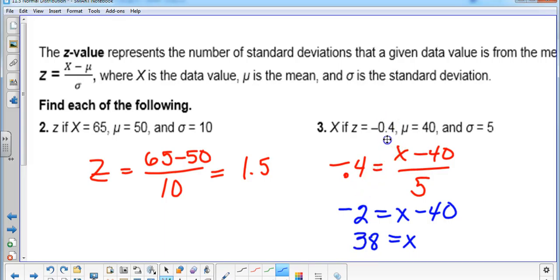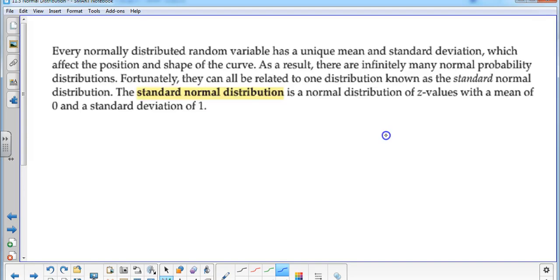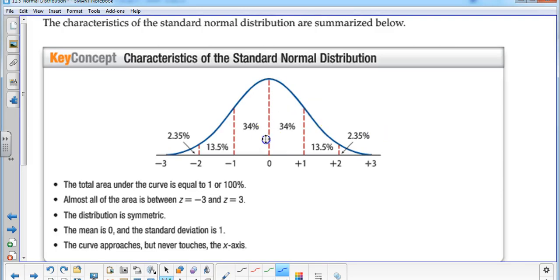Now, notice the z was negative, okay? We didn't talk a lot about that. If you look at this, this shows exactly the same numbers we just used, right? 34, 13.5, okay? But instead of saying this is mu plus 1 standard deviation, it just says it's a 1.